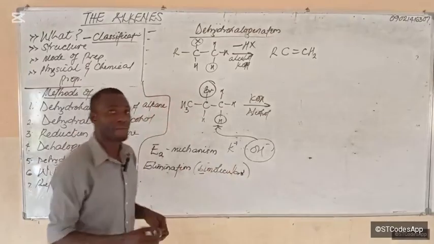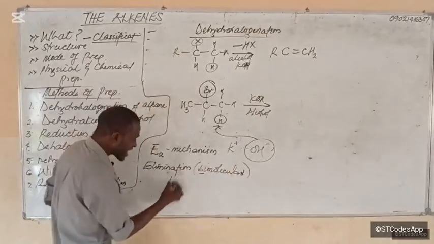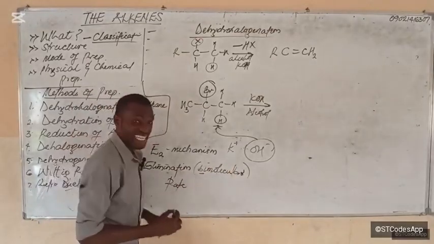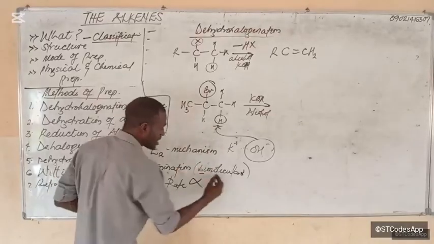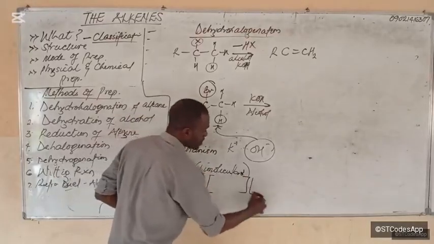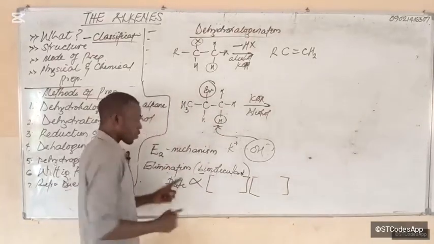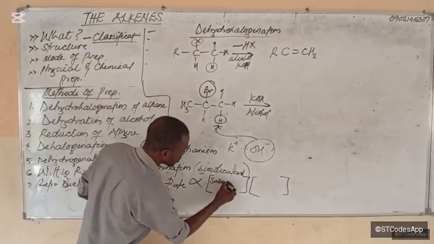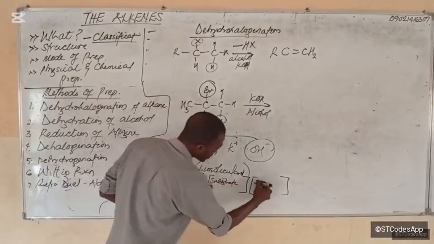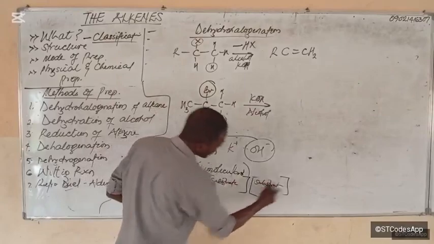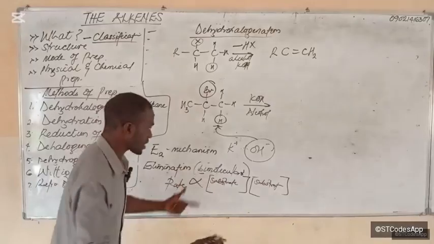Now, why is it bimolecular? The reason is because the rate of the reaction is dependent on the concentration of two substrates, substrate 1 and substrate 2. Now, what are the two substrates in this case?